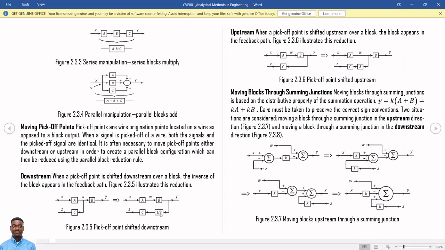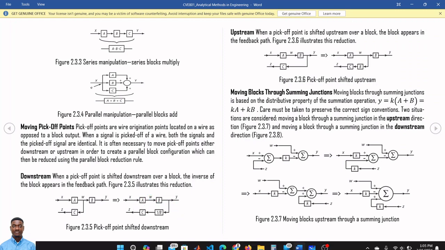That's why we have 1 over B here, because we move this pickup point over this block, and the inverse of the block we move it over appears on the feedback part of that pickup point. That's why we now have 1 over B into C. This is the same thing as this. If you want to check, you can check that using the mathematical model of this block, as against its downstream pickup point movement equivalent.